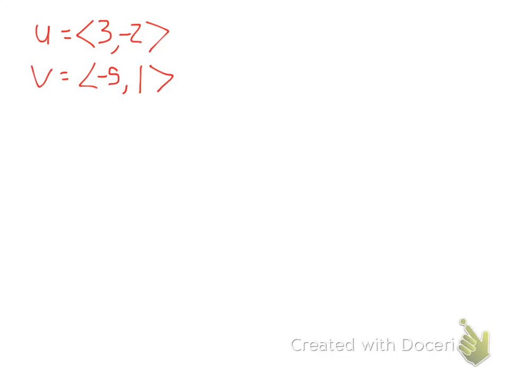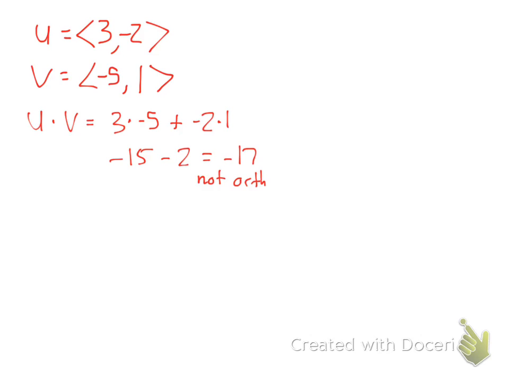So remember, dot product would be u dot v, which would be 3 times negative 5 plus negative 2 times 1, right? Which is negative 15 minus 2, which is negative 17. And we would say not orthogonal.